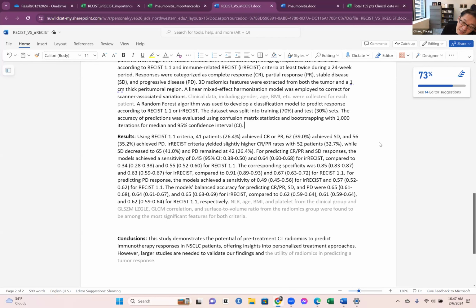What I'm trying to say is, as Dr. Yuri did here, I don't see a value of predicting SD. Here, you're predicting CR, PR, and SD and presenting sensitivity, specificity, AUC based on SD prediction. And I'm usually not interested in SD prediction.